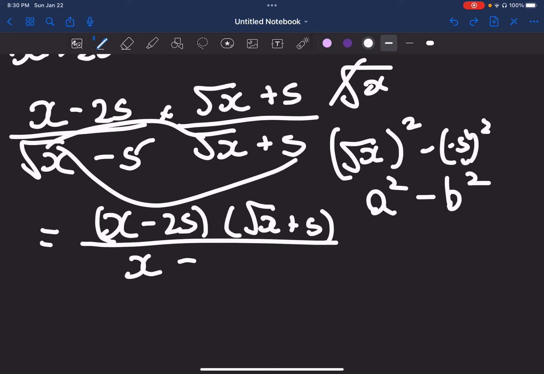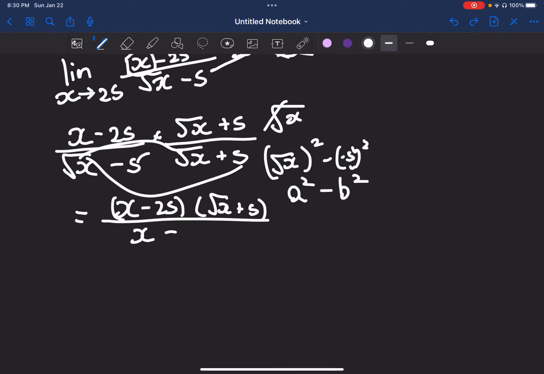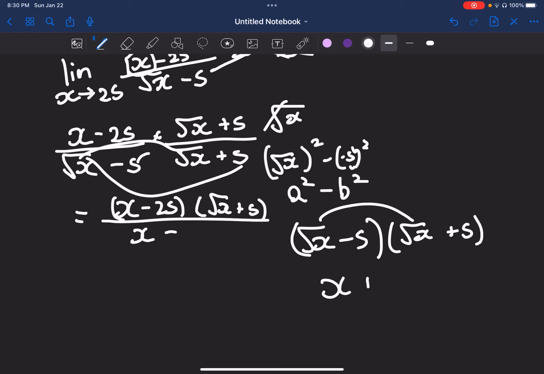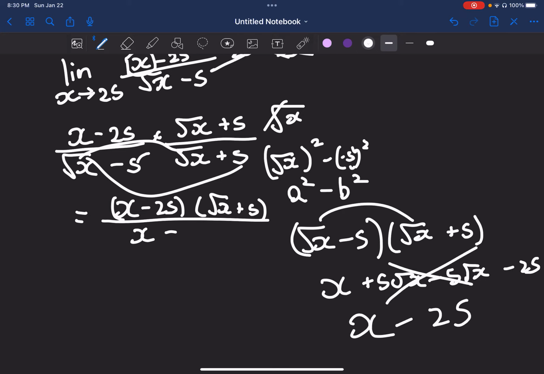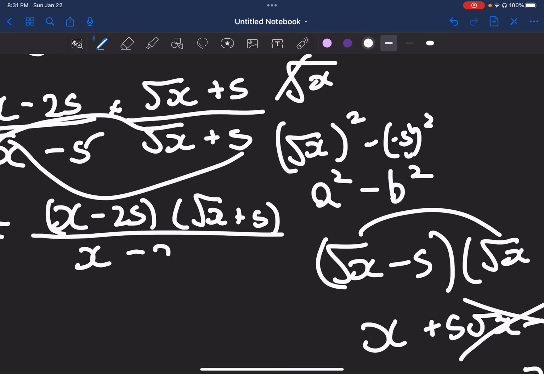So you'd have, let's just do it the long way because I'm confusing myself right now. Minus 5 times root x plus 5. So we'll have x plus 5 root x minus 5 root x minus 25. So we'll have x minus 25.